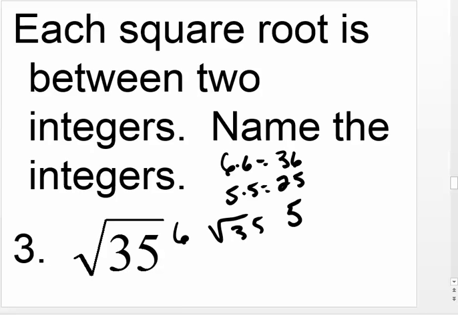Punching into our calculator, square root of 35 comes out to 5.91600797 and more numbers. And if you think about it, 35 is almost 36, so the fact that it's 5.9 tells us we're very accurate in saying that it's closer to 6 than it is to 5.